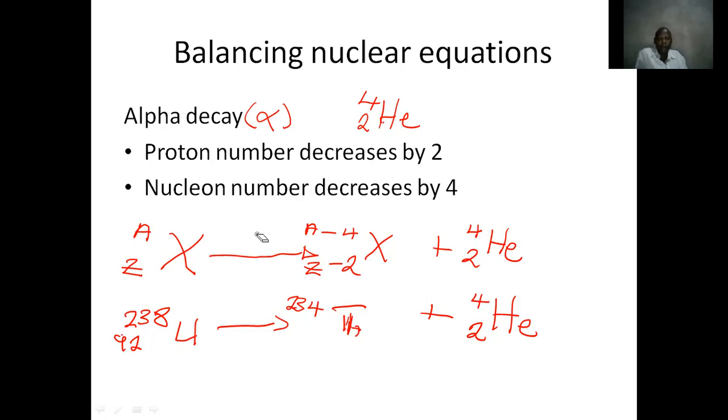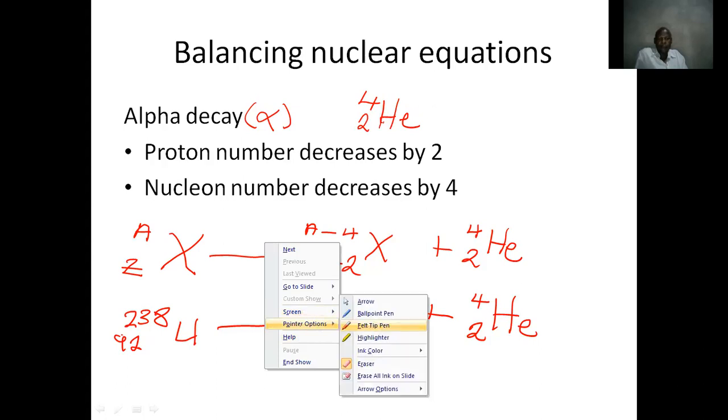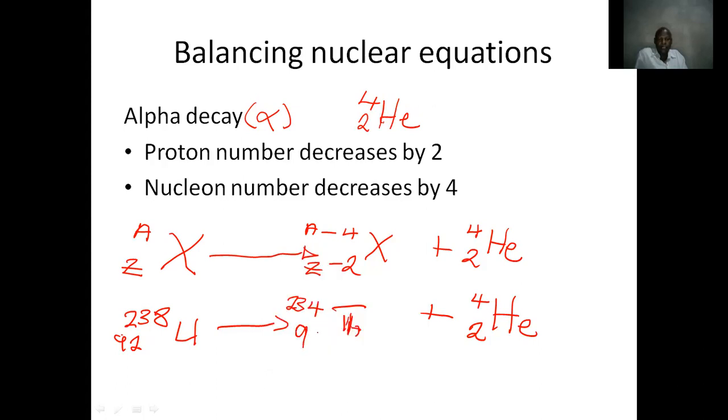So you subtract 92 minus 2, which gives you 90. So this is how. And so when you add the nucleon numbers for the new atom plus the one for helium, it should give you the overall nucleon number for the original atom.